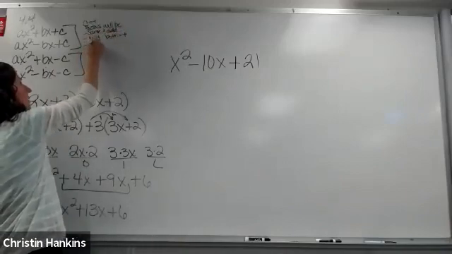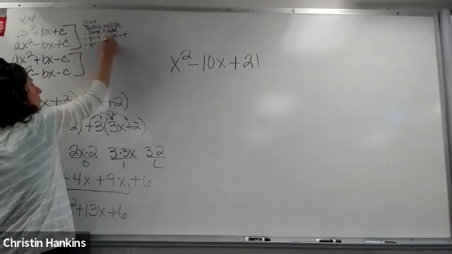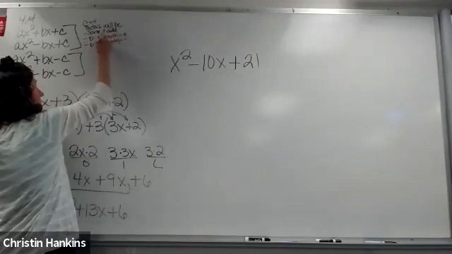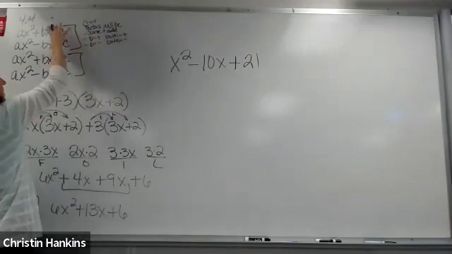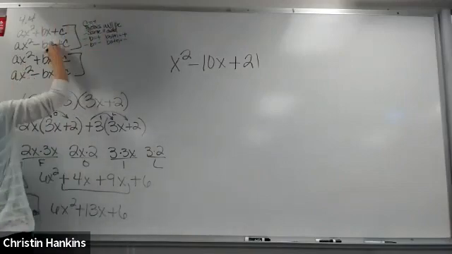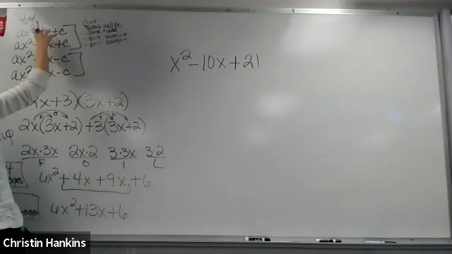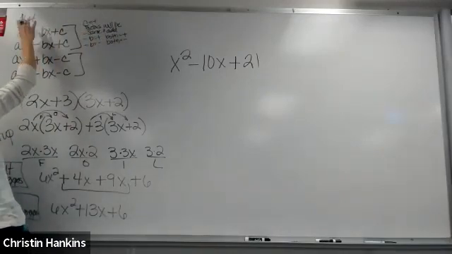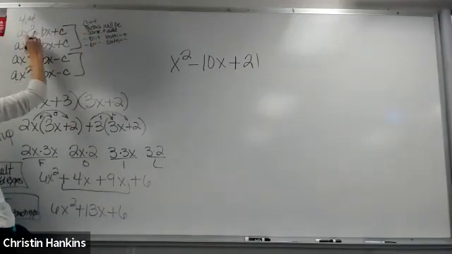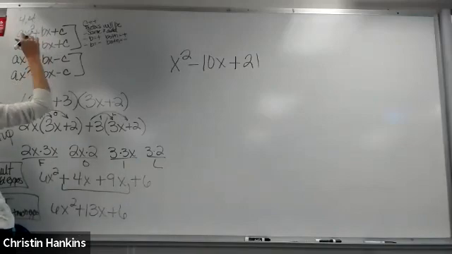B being negative, both would be negative. So this is in the category of C being positive. C being positive means that your factors will be the same sign and you'll have either both be positive or both be negative, and that will depend on the B.